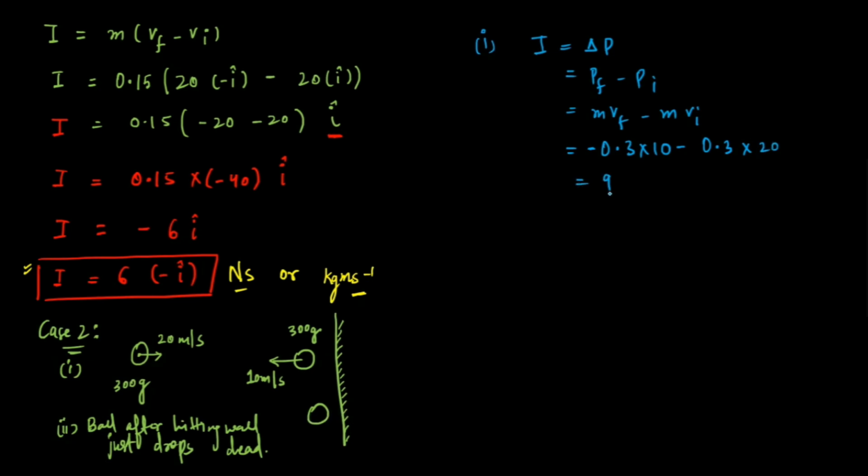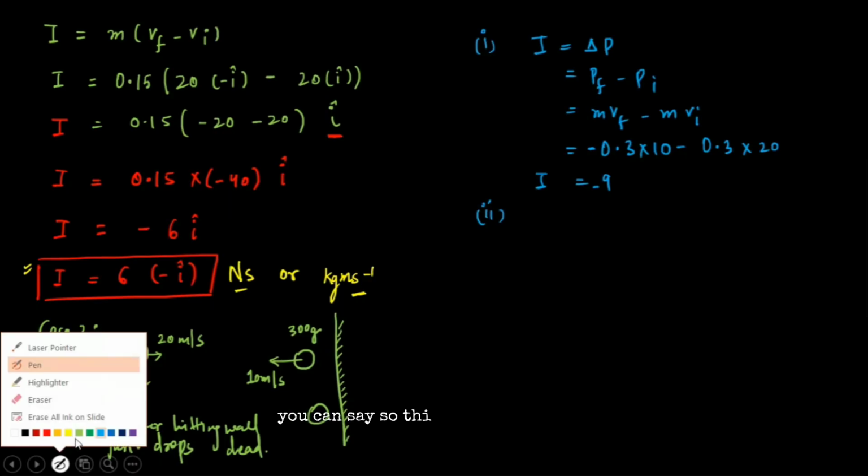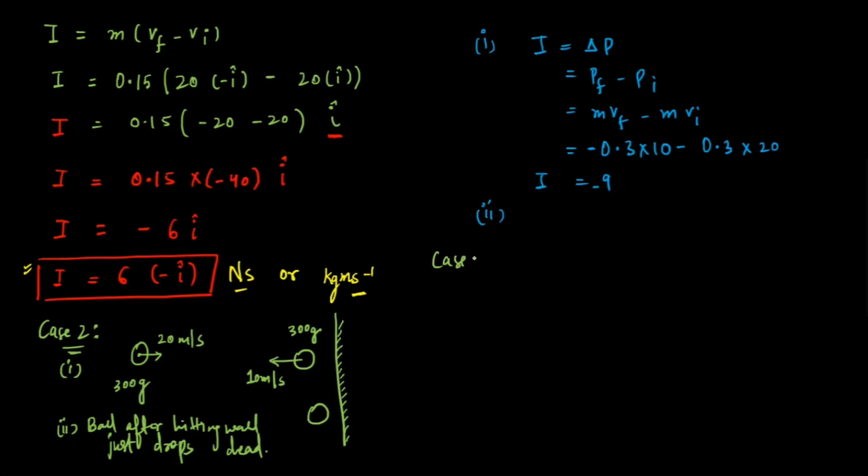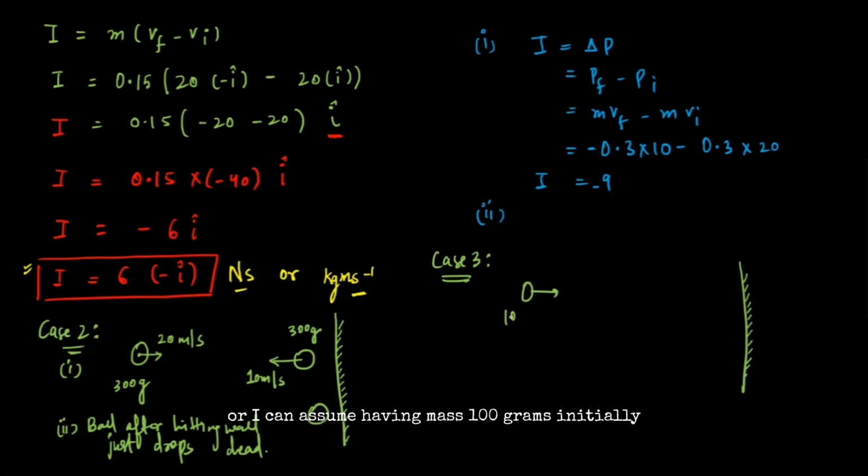Amazing. Now let's raise the bar and make the situation a little more difficult. The question says the case third. Again there is a wall. The ball, having mass 100 grams, was initially traveling with speed 10 meters per second.